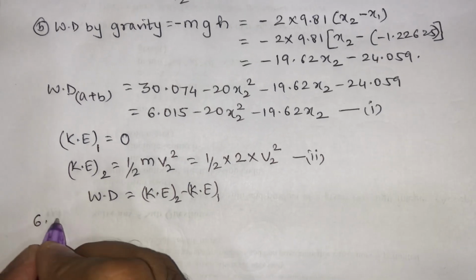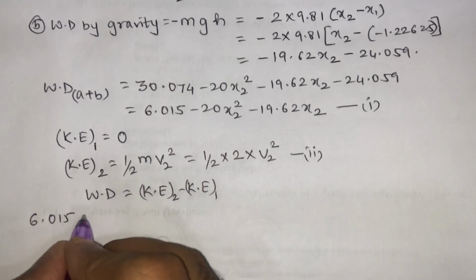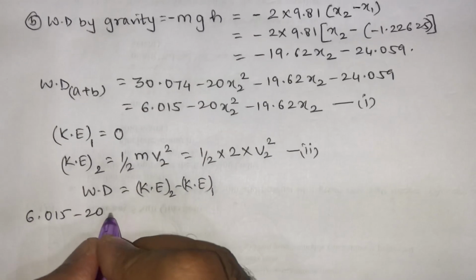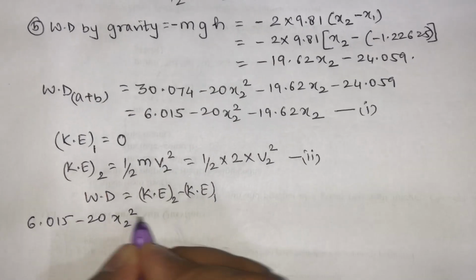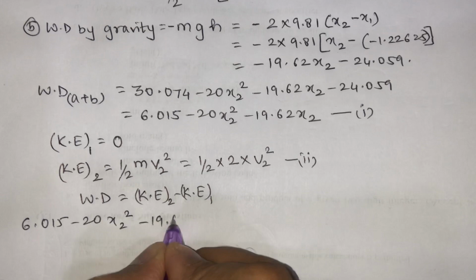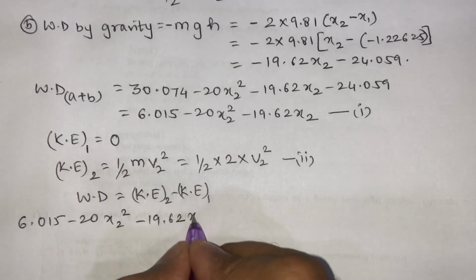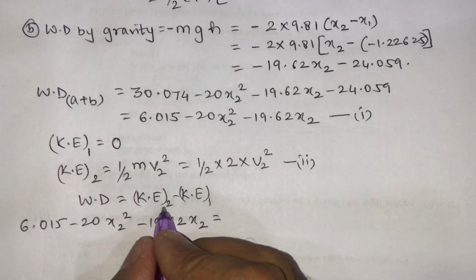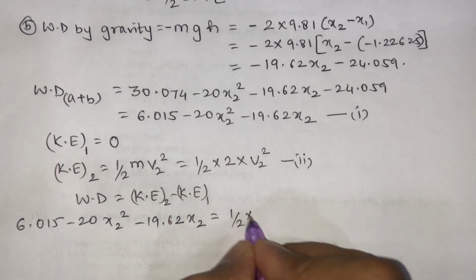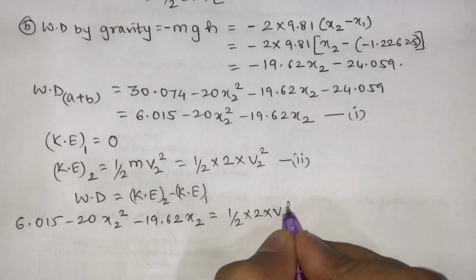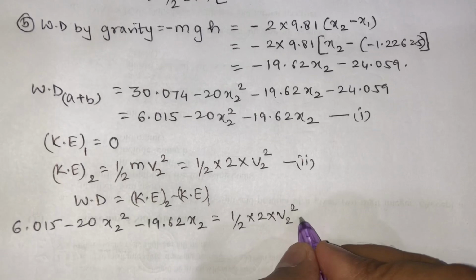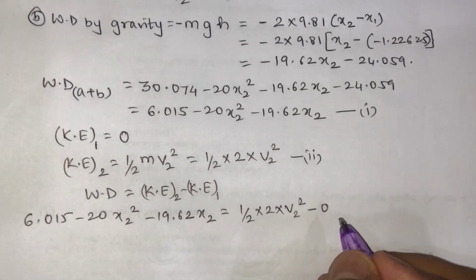So 6.015 minus 20 x2 square minus 19.62 x2 equals the kinetic energy, which is half into 2 into v2 square, and KE1 is 0.